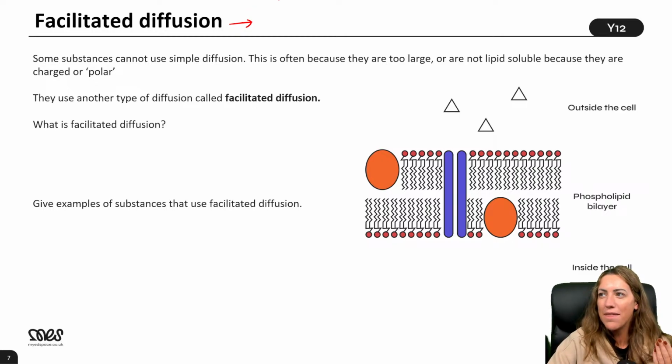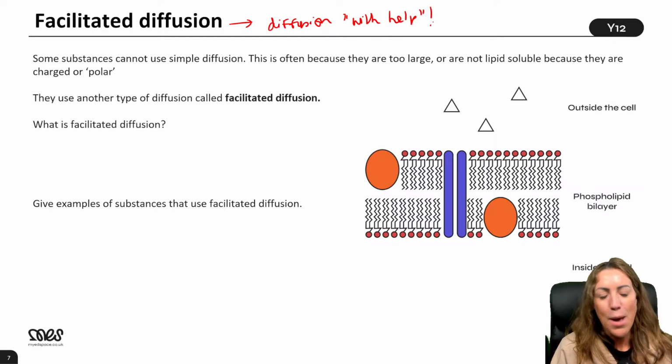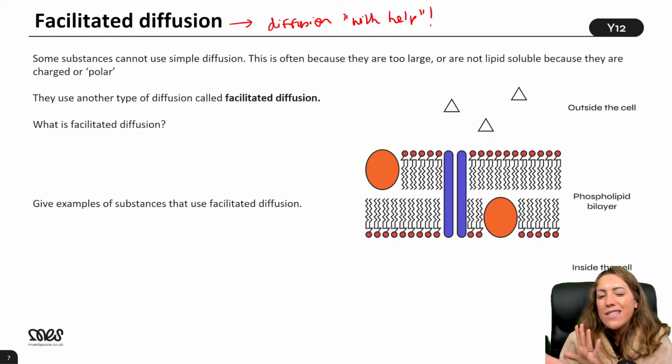That's kind of how I think of facilitated diffusion. It's diffusion with help. Now, obviously, I'm not going to say that in an exam, okay? But it's diffusion. Substances that can't quite diffuse on their own need a little bit of help to get across the membrane. Yeah, it makes it easier.